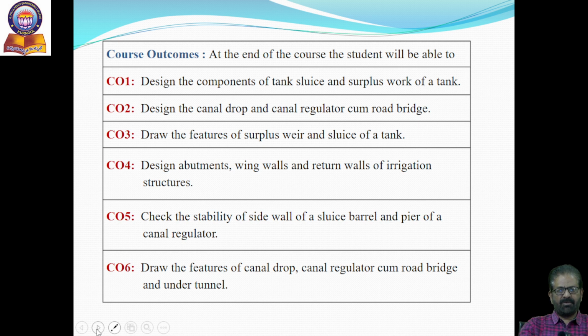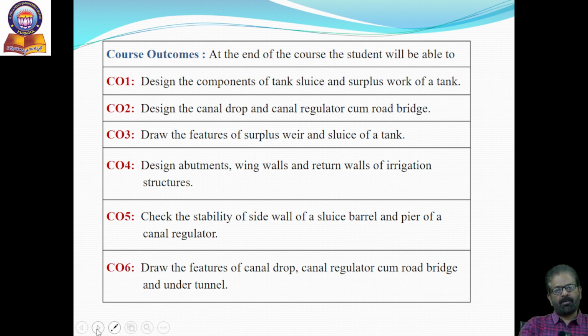So this CO4, course outcome 4, is common in nature, which is required for all the structures. That's why it is common. So the abutments, wing walls and return walls are common features of almost all the hydraulic structures. That's why at the end of this course, students will be able to design all such types of design components. And the fifth outcome is stability.